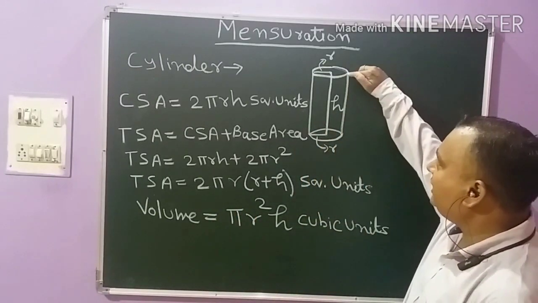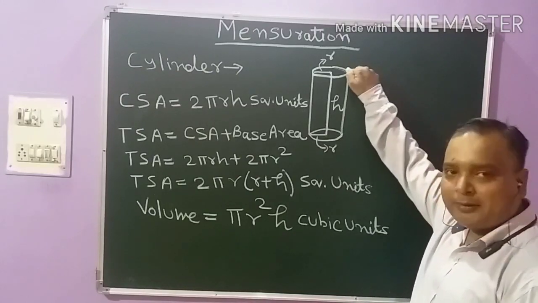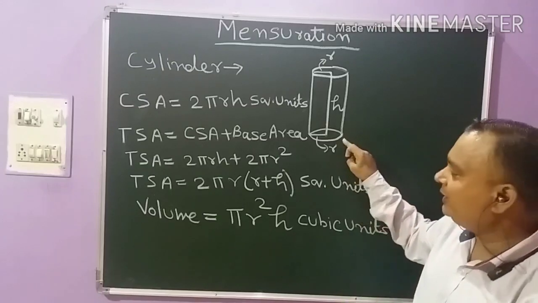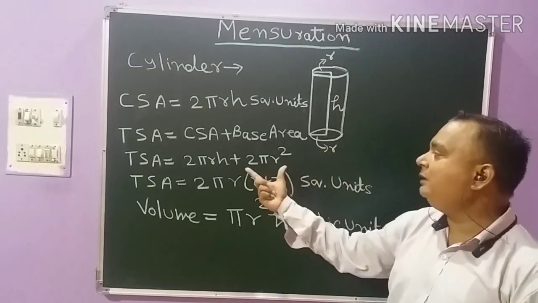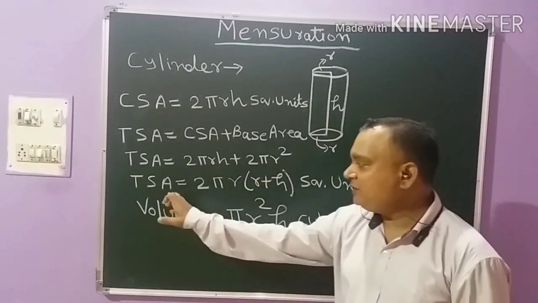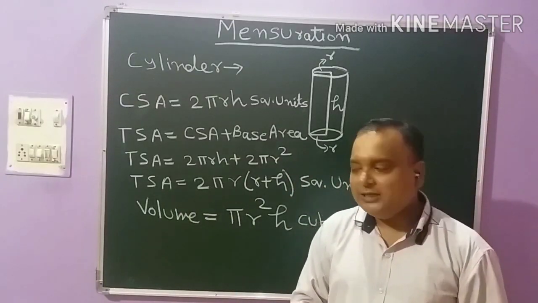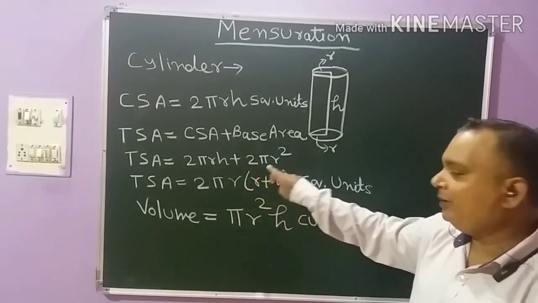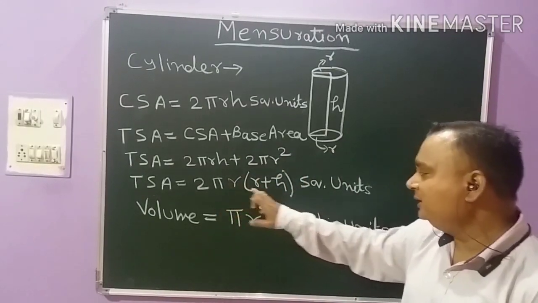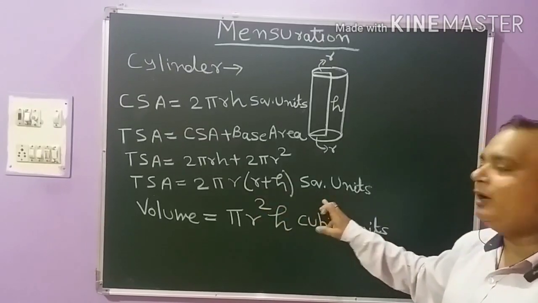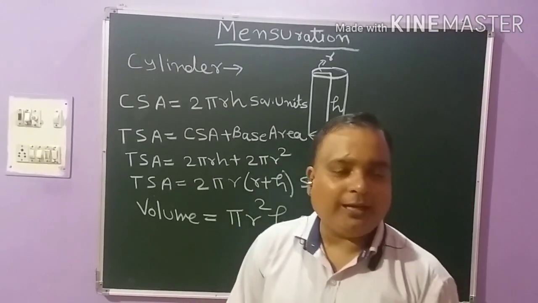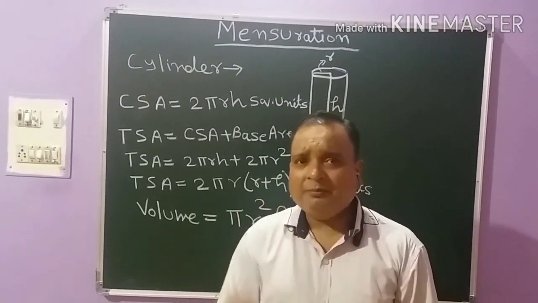So the circular area at the top is pi r square and the circular area at the bottom is also pi r square. When we add, the total base area is 2 pi r square. So the formula for TSA is 2 pi r h plus 2 pi r square, or if I take 2 pi r common, it will be 2 pi r times (r plus h) square unit. Again it is an area, so it will be in centimeter square or meter square.